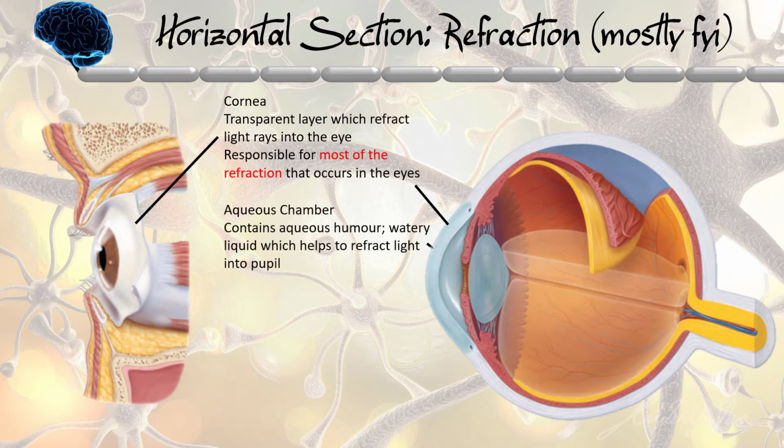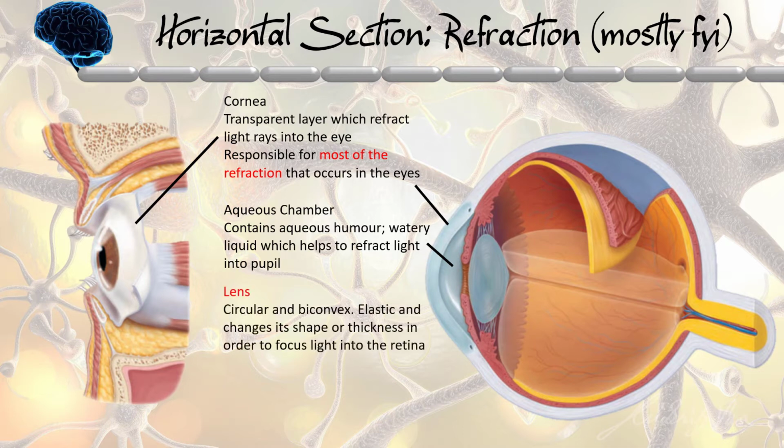The aqueous chamber also helps to refract light. Then the lens, which is the most important structure that you have to know. That's why I said the rest is mostly for your info. But the part on the lens, you have to know, because it is elastic, so it can change shape in order to focus light onto the retina.